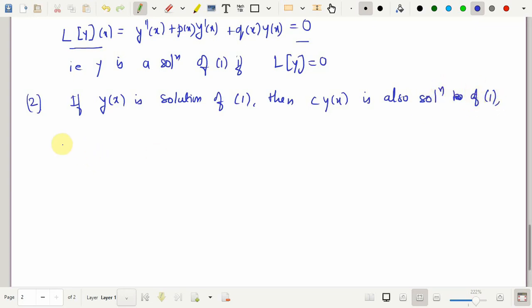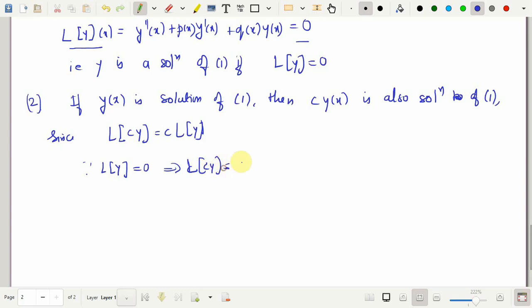That is very simple, since because y is a solution, L of y will be equal to 0, and L of c y is nothing but c into L of y. Since L of y is equal to 0, this implies that L of c y, which is the same as c into L of y, is equal to 0, and that proves that if you have a solution of the linear differential equation, then its constant multiple is also a solution.